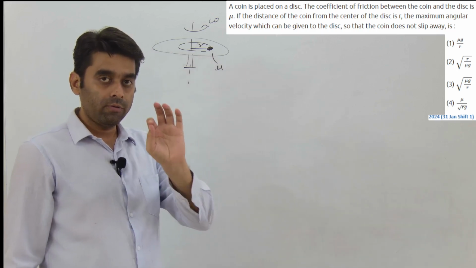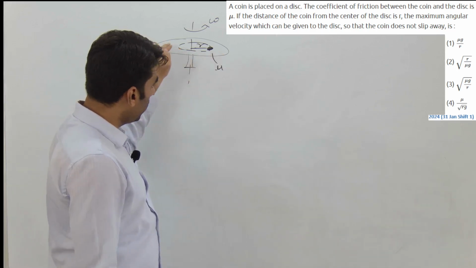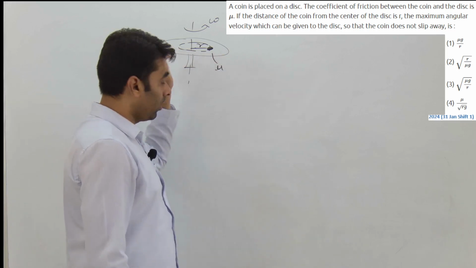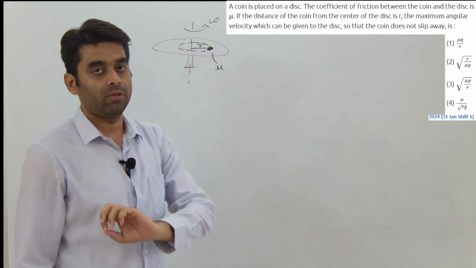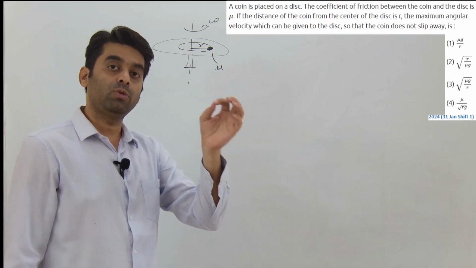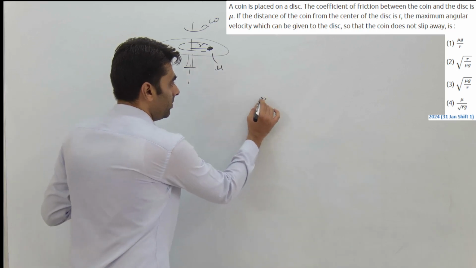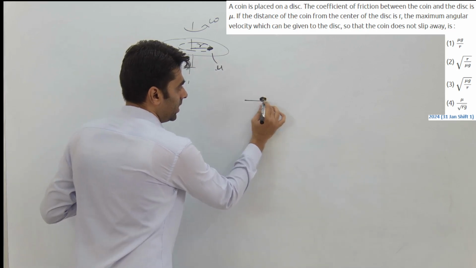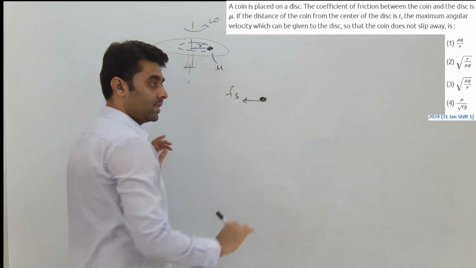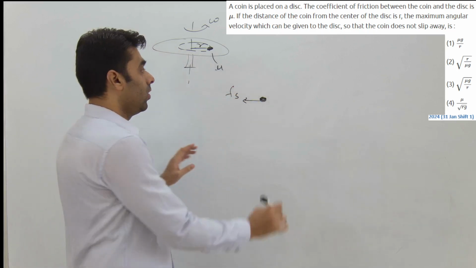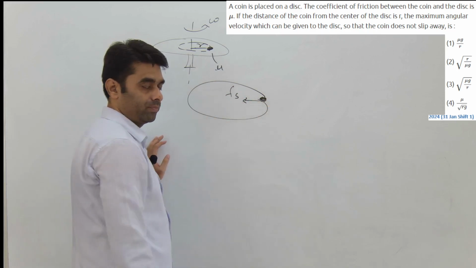There is only one force which can act along the surface, which is the friction force. To be specific, it is the static friction which will act towards the center and provide the necessary centripetal force to the coin for its rotational motion, right?